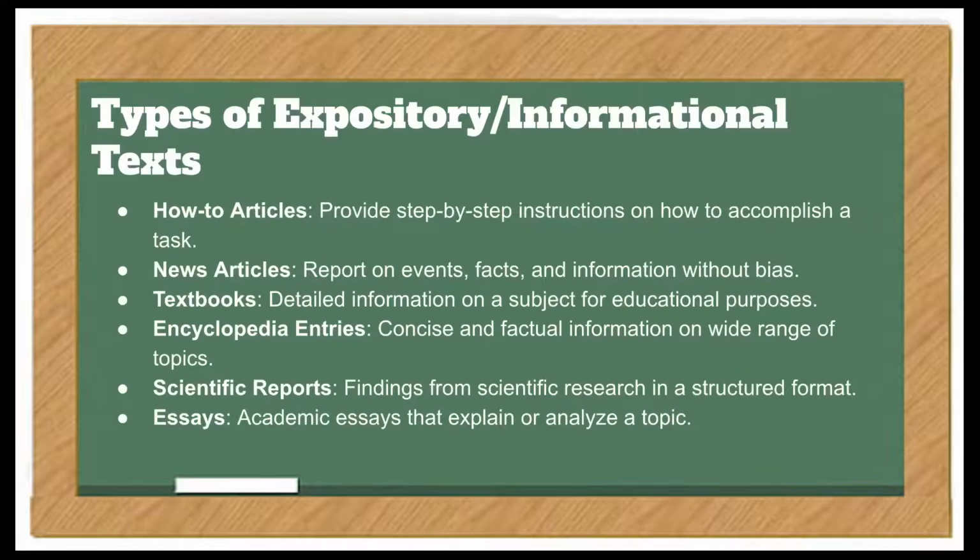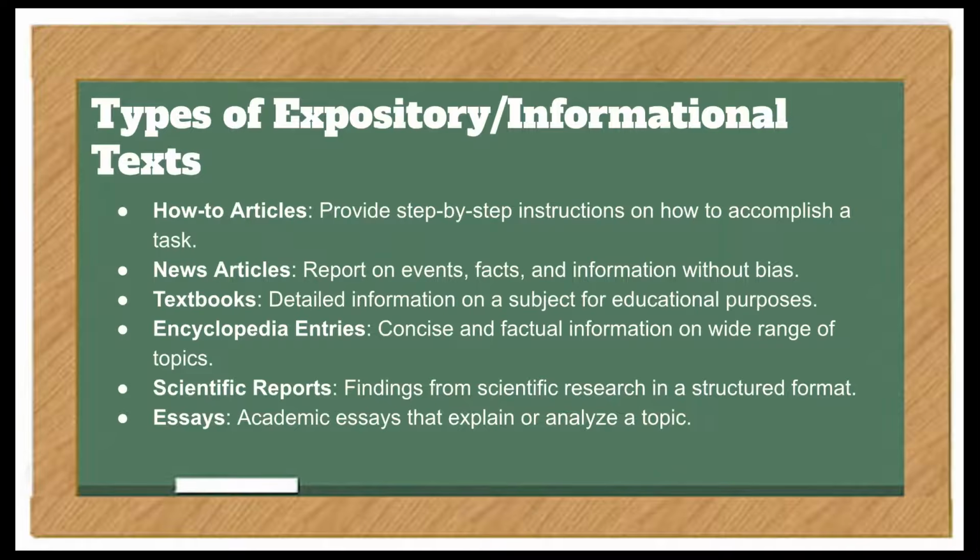I'm pretty impressed. Let's talk about different types of genres that you should be familiar with. First, expository or informational text. This includes how-to articles, like step-by-step instructions, news articles, which report on events and facts, hopefully without bias. Could be an opinion article, though.